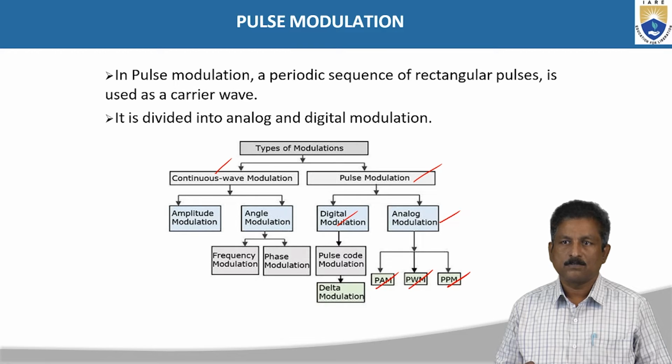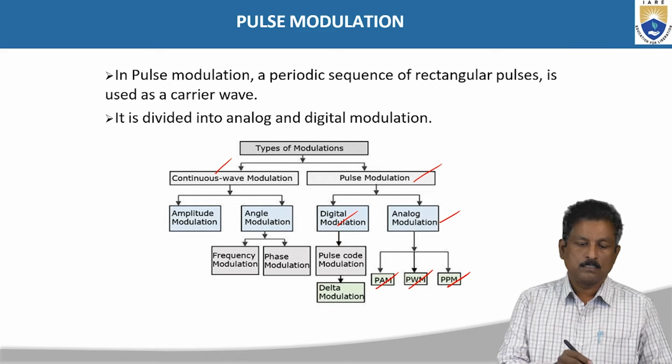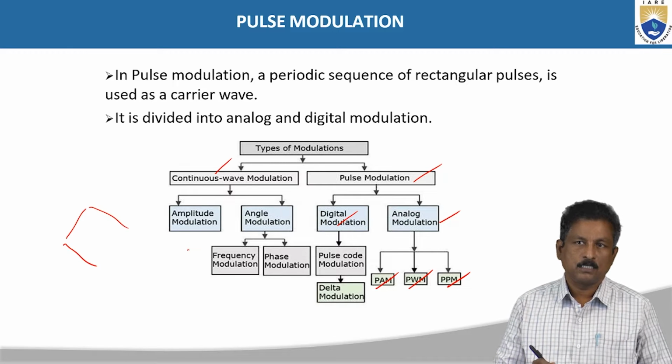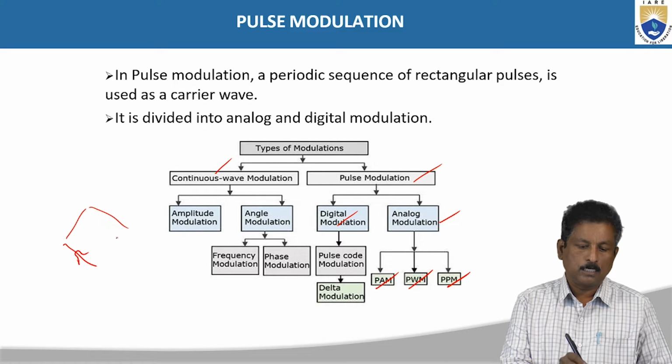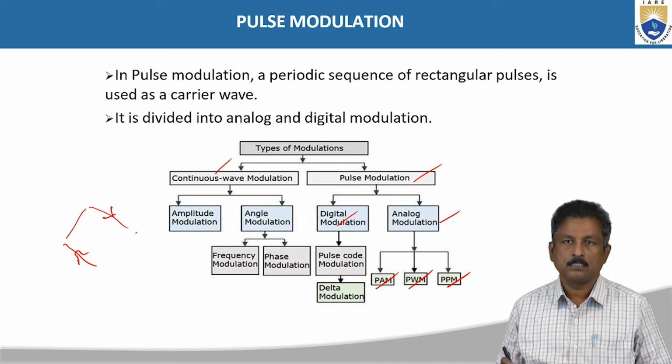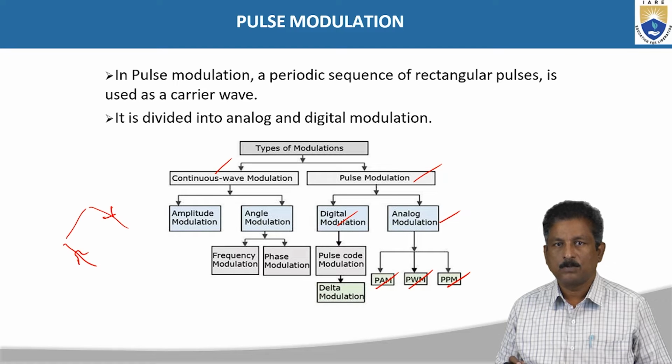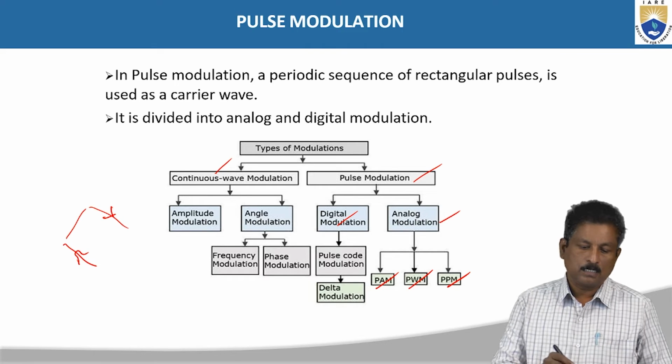Then coming to the last one, the pulse position modulation. Here the position of the pulse. So take the pulse, there are two edges. One is the leading edge. This one is called the trailing edge. So based on the position, we are going to consider it may be the leading edge position or it may be the trailing edge.